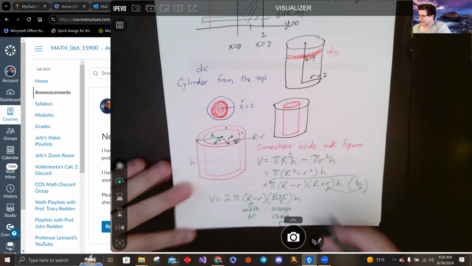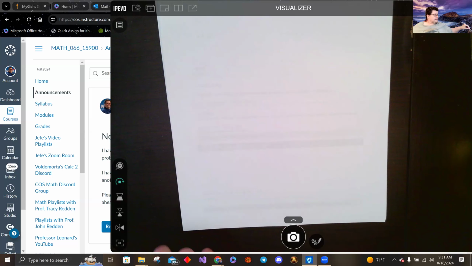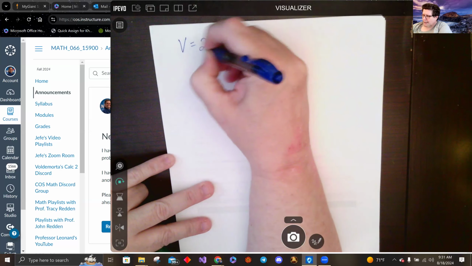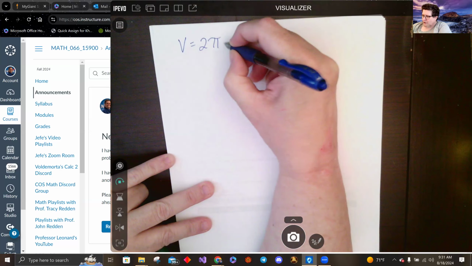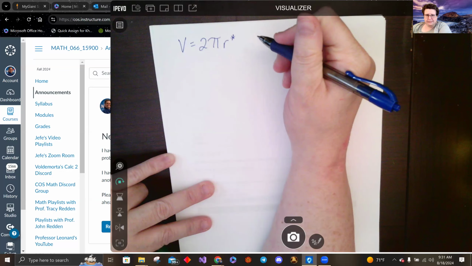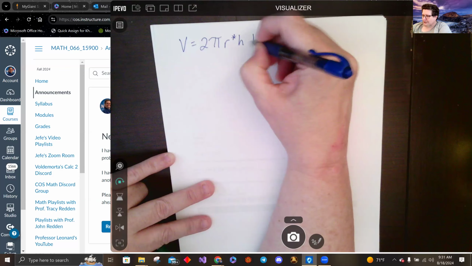So I could rewrite this as, I think you'll like this, volume equals 2 pi. We had r star, that was our average radius. We had our height, and then a dr.